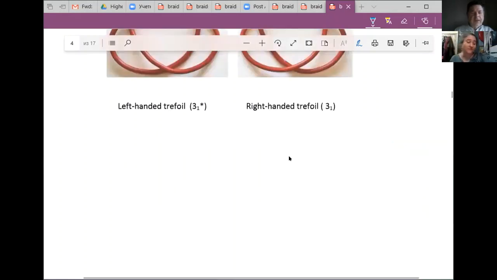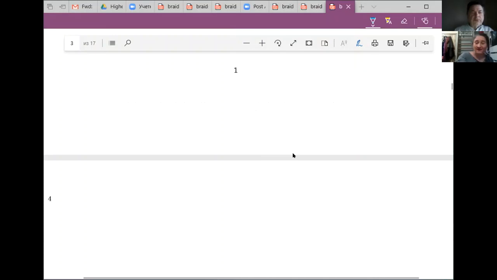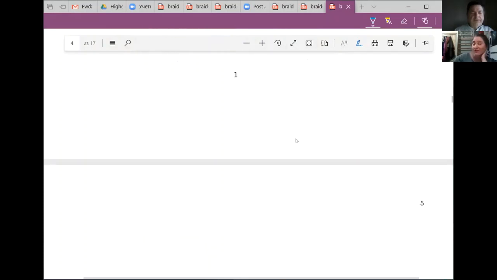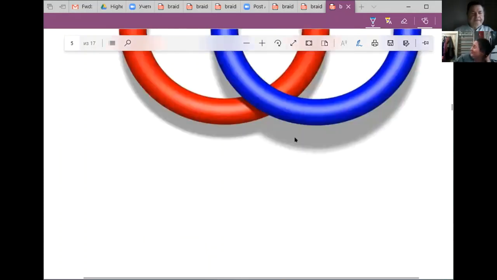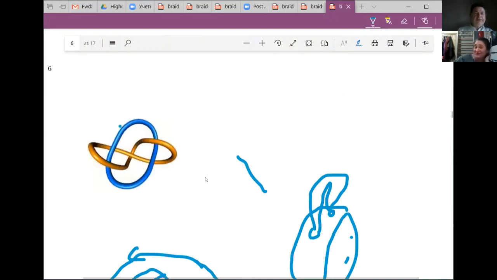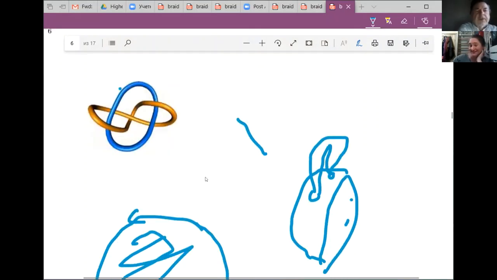Very good. So here is the Whitehead link. Let us calculate. At first we need to orient. I remind you that it works when everything is oriented. Let us put orientation for the Whitehead link like this, and say for simplicity it will be like this.